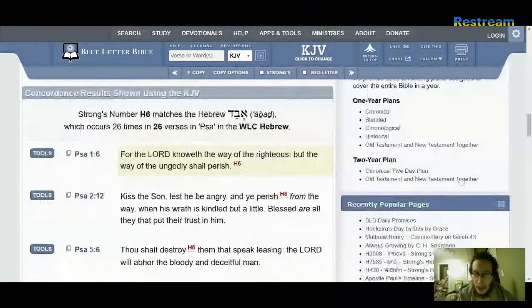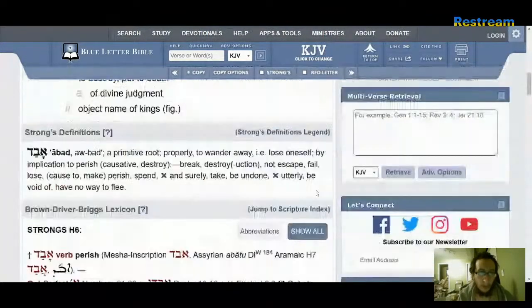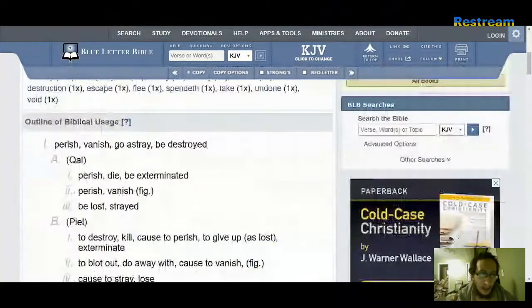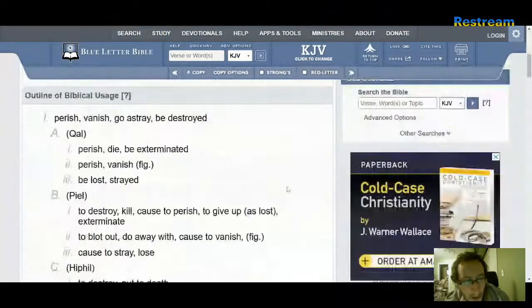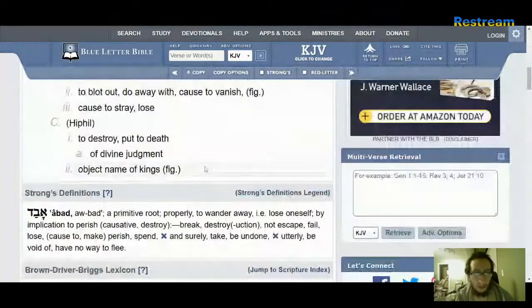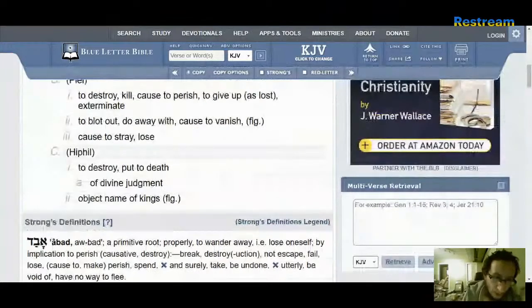So it has a wider nuance of meaning, more of being lost. If you take the meaning to be lost, if something is destroyed, it has been lost, right? If your house gets destroyed, you lost your house. If your car gets destroyed, you lost your car. But if you can't find something, you've lost it. It's not destroyed, it's lost.